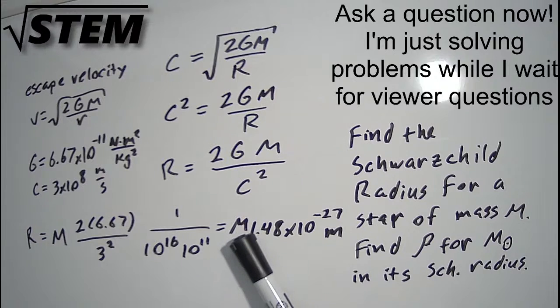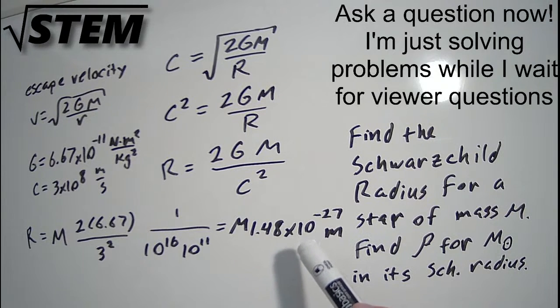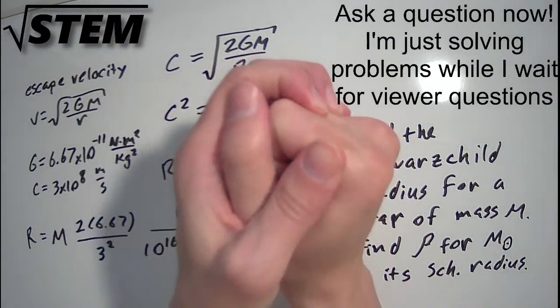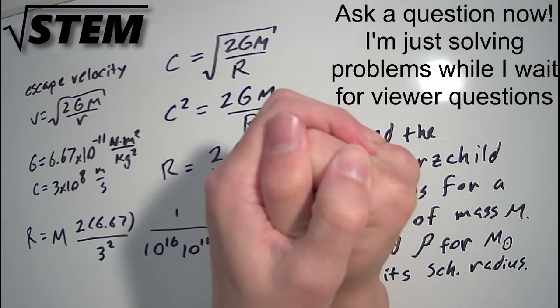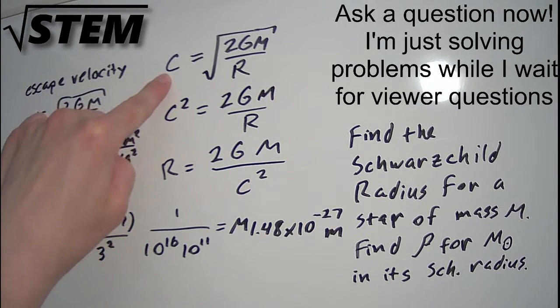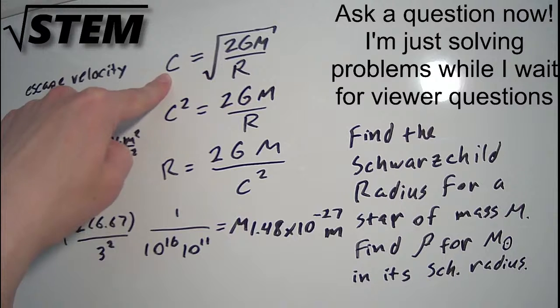So unless the mass of our body is really, really big, this is going to be a remarkably small radius. So for the mass of an entire star, you would have to compact it into something extremely small, like a black hole, for the escape velocity to be at the speed of light.